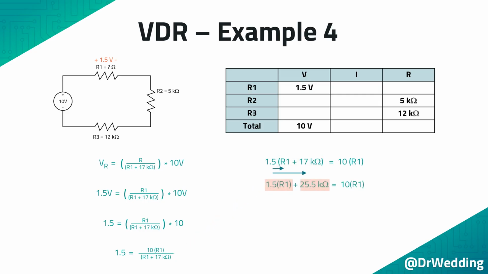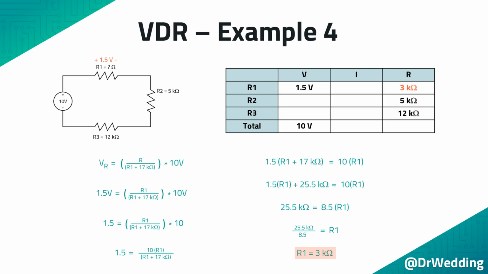Distribute the 1.5 into the parentheses. Subtract 1.5 R1 from both sides of the equal sign. Isolate R1 by dividing both sides by 8.5. The voltage divider rule has been used to find R1. R1 is equal to 3 k ohms.